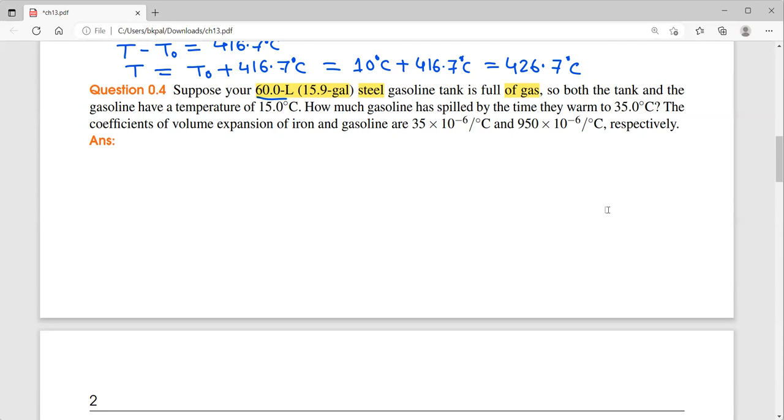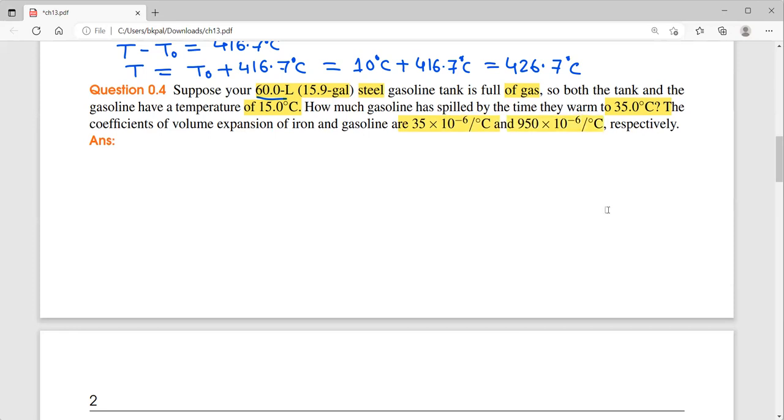Now here we have two objects, one is the tank and another is the gas. Both can expand or contract with temperature. The initial temperature is 15 degrees Celsius, and the final temperature is 35 degrees Celsius. The coefficient of volume expansion for iron is this, and for gasoline is this.